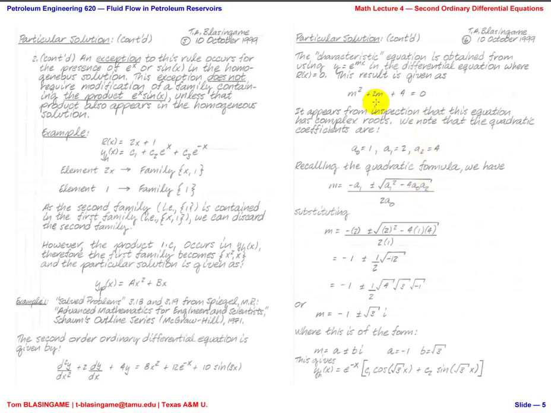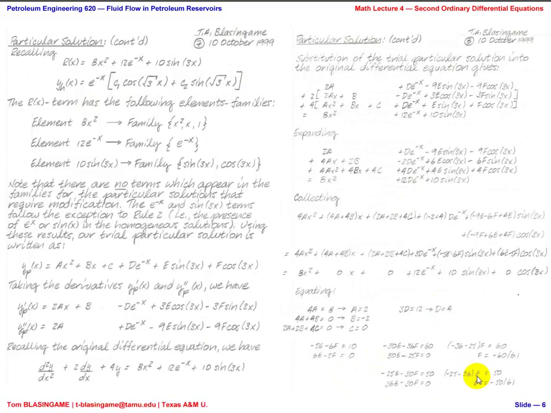Then you get the characteristic equation, you find the roots, and the solution for the homogeneous part is given by this expression. It was the second case, right, with the roots being complex numbers, right? So we have this solution for the homogeneous part, and for the second part, which is the non-homogeneous part, we have this function R of x, right?